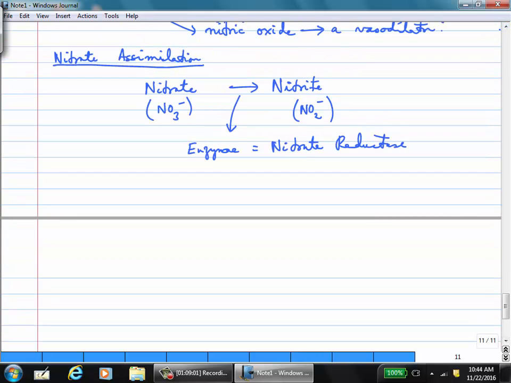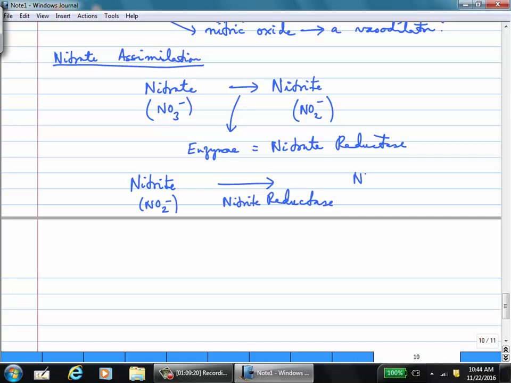From nitrate you go to nitrite. Then from nitrite, NO2 minus, the enzyme is called nitrite reductase. You will get the ammonium ion.